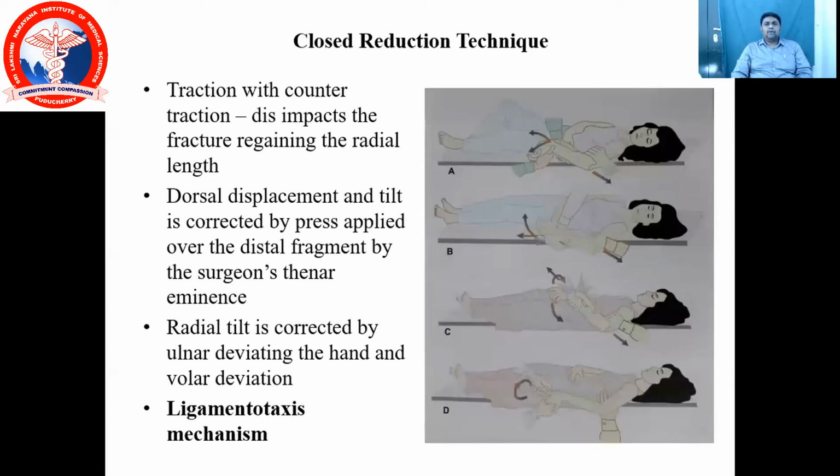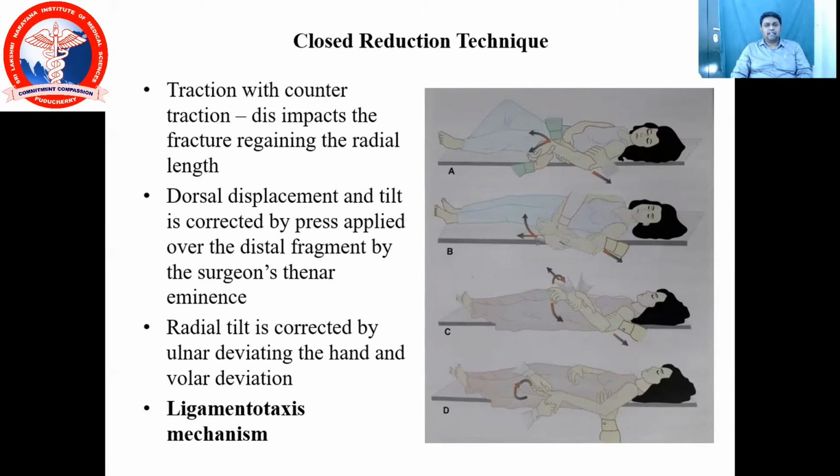Coming to the closed reduction technique. As you know, the deformities are impaction, supination, radial tilt, radial angulation, dorsal tilt and dorsal angulation. All these deformities have to be corrected. The first thing is that you make the patient supine with the elbow flexed to about 90 degrees, and you need two persons, one to give traction and another to give counter traction.